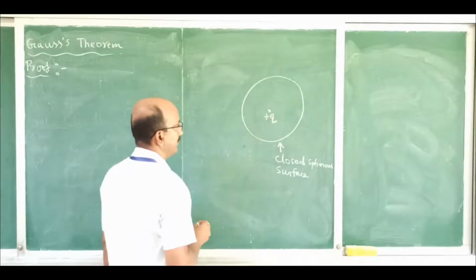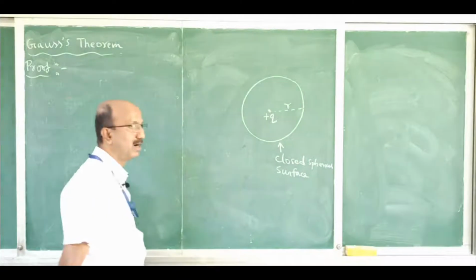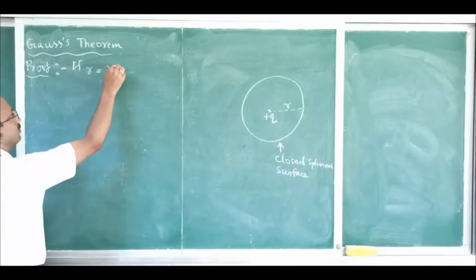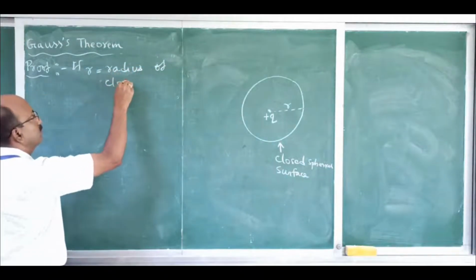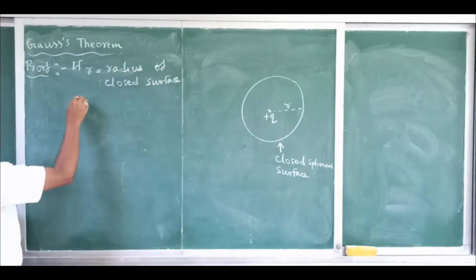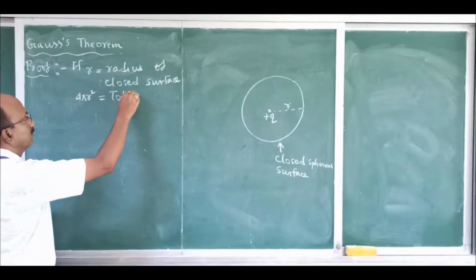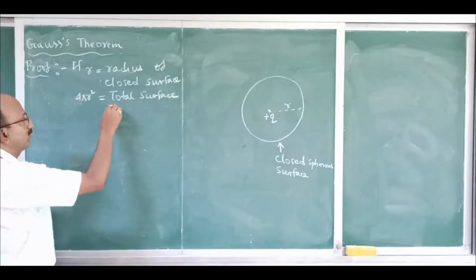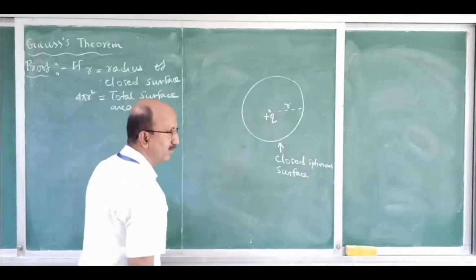Now let the radius of this surface be r. What is the total surface area? I think 4 pi r square. Surface area of a sphere is 4 pi r square, the total surface area of this whole spherical surface.